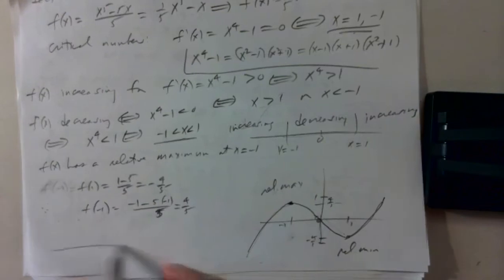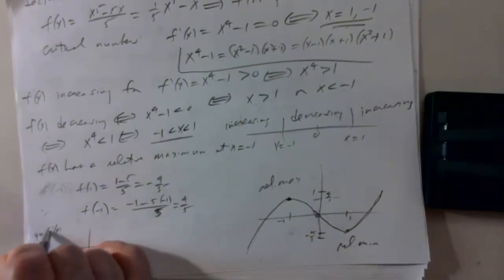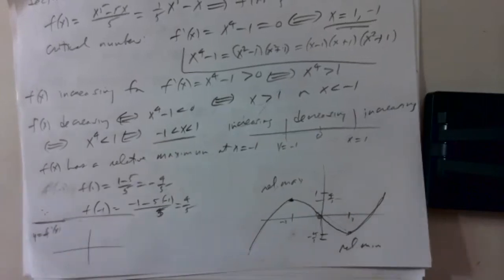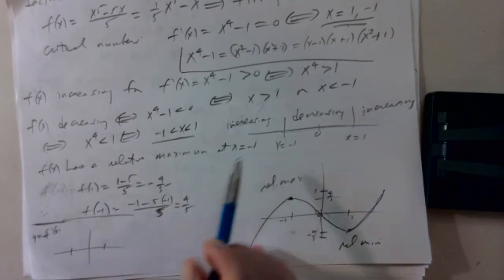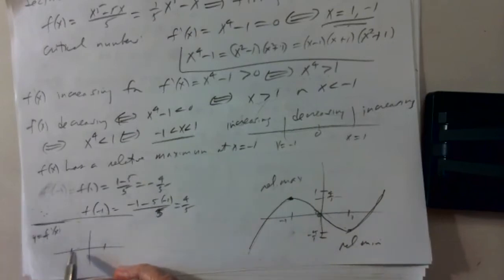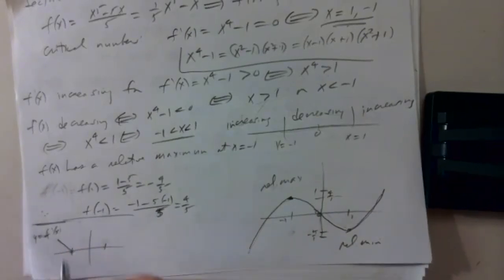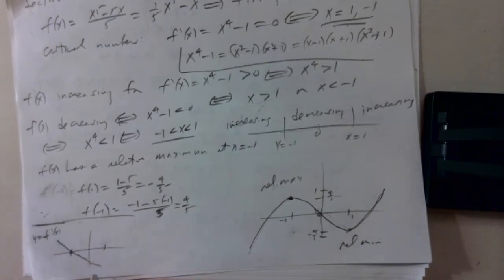In fact, if we wanted to look at a graph of y equals the derivative f prime of x: for x less than -1, the derivative is positive. It's 0 at -1, and then it's negative. Sorry, let me say this right.